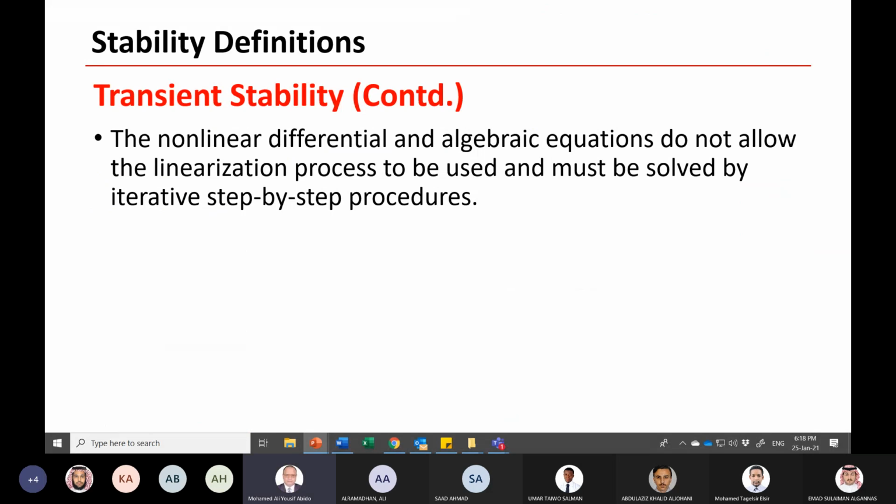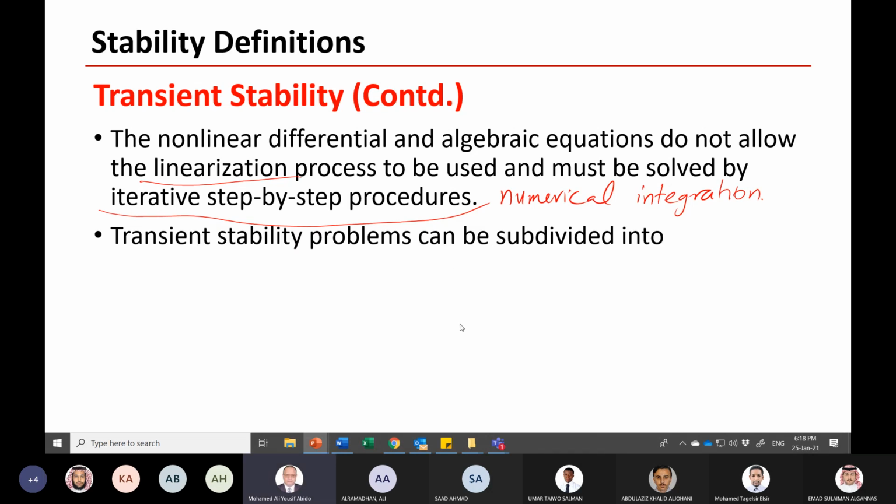So the nonlinear differential equations and the algebraic equations do not allow linearization. We are not talking about a linearized model here. The response can be evaluated using an iterative step-by-step procedure, or what we call numerical integration, like the Euler method, trapezoidal, and others.